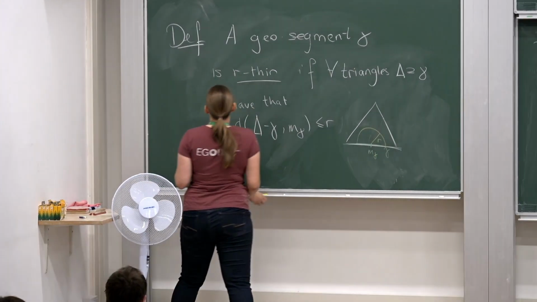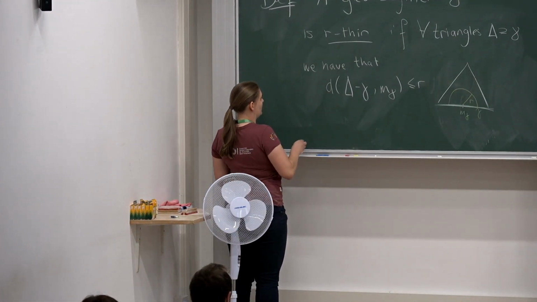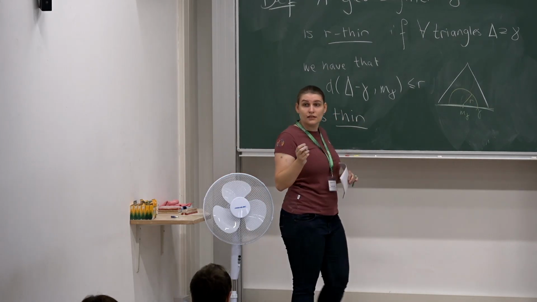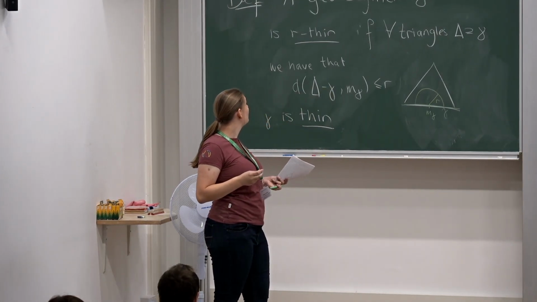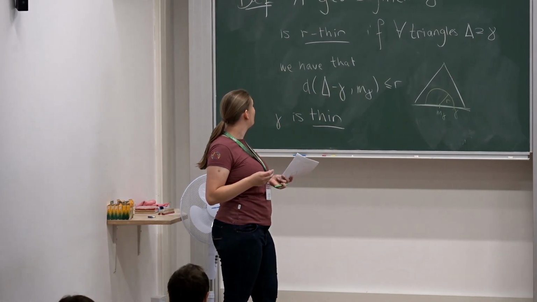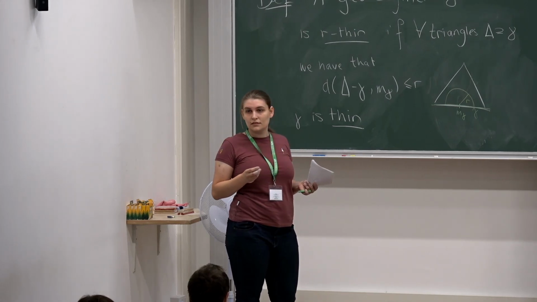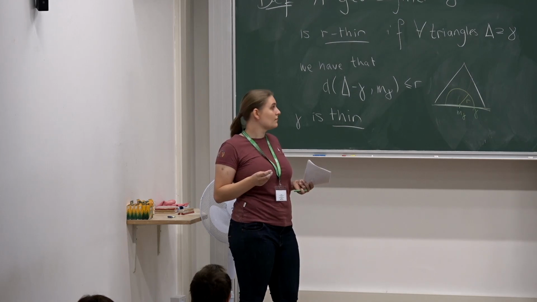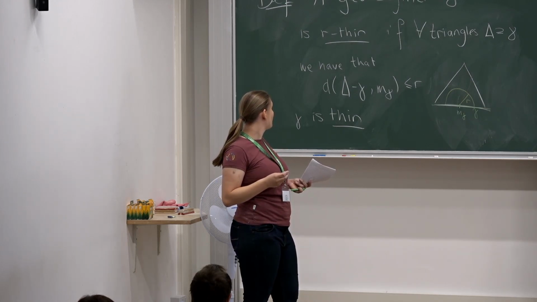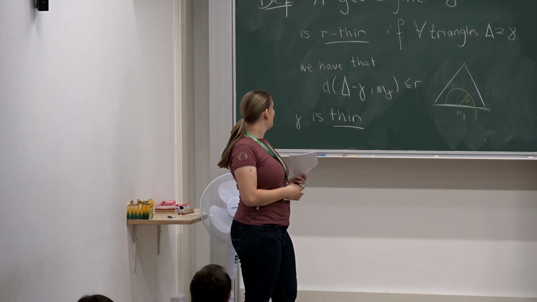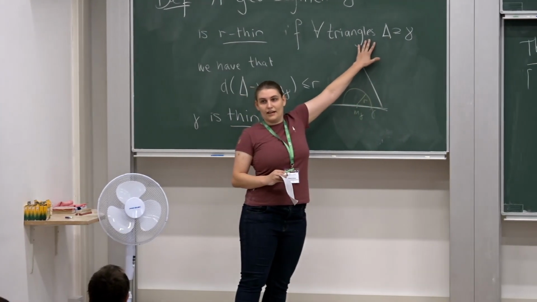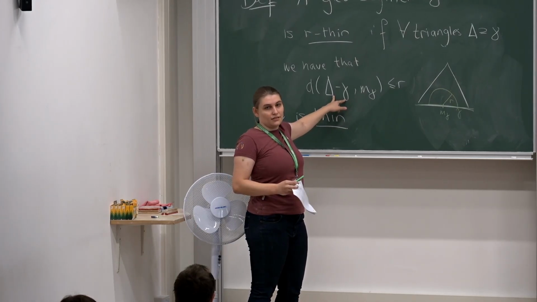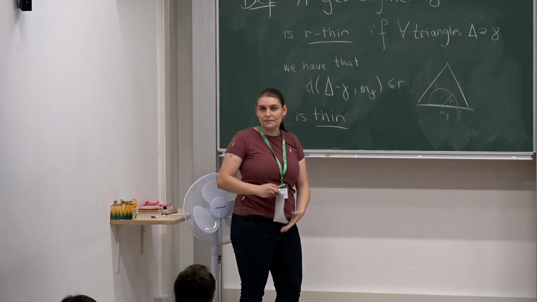Now, we can say that gamma is thin. Sorry, how do you compute distance? What does that mean? If gamma is very long and at the midpoint, so by distance you mean the infimum, or? So we want that for all triangles this distance is small, so yes, the infimum.